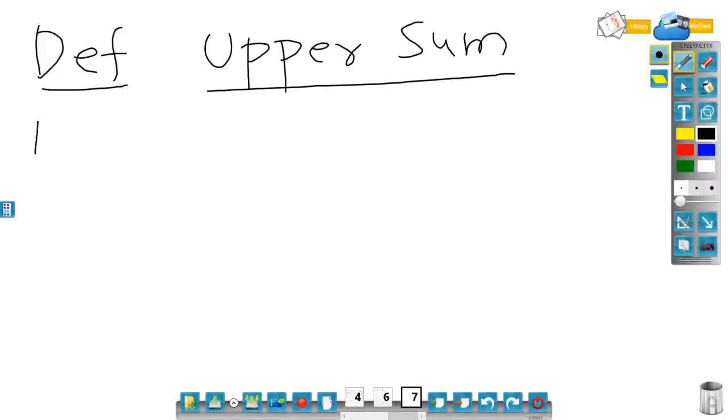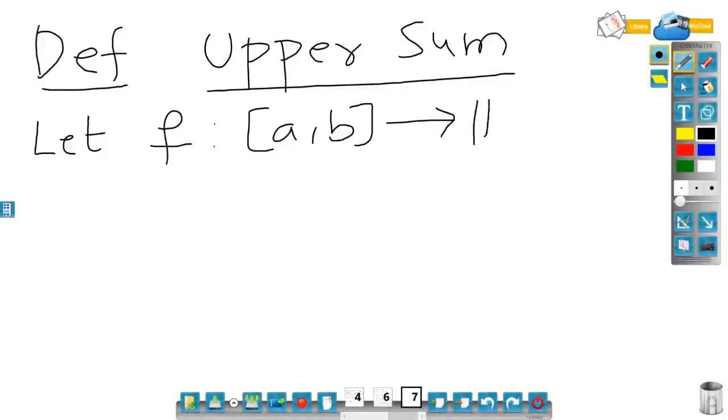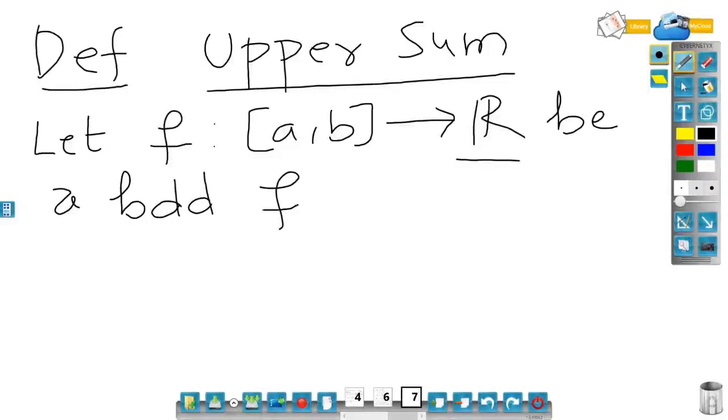So let f be a function from the closed interval [a, b] to R. When the codomain is R, we call that function a real valued function. Let f be a bounded function.